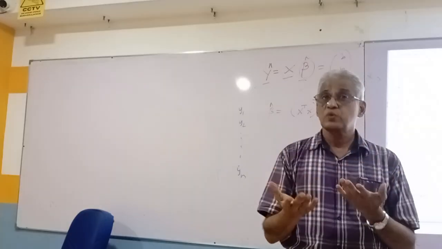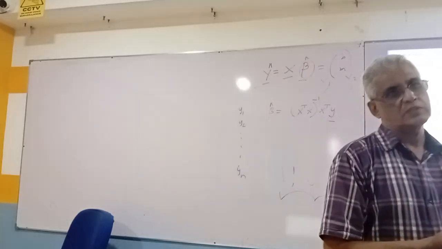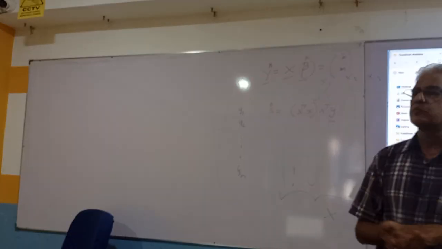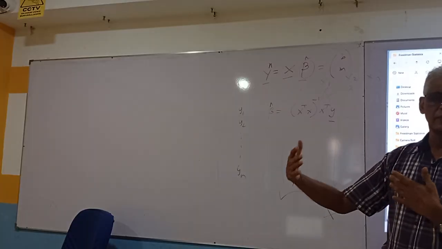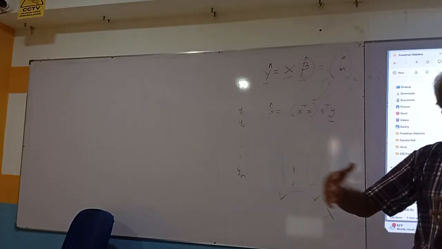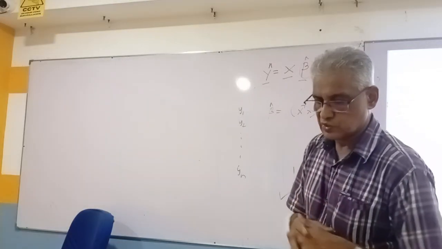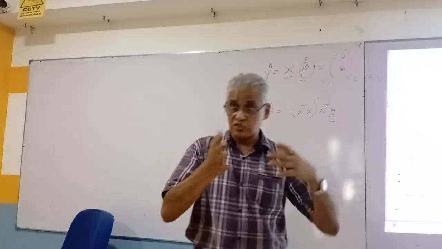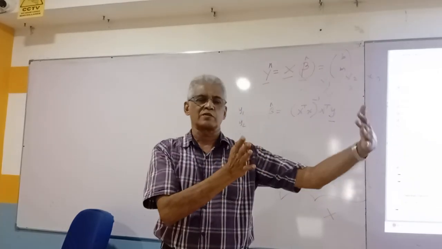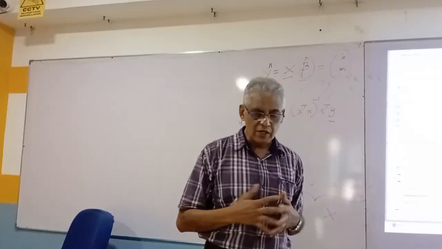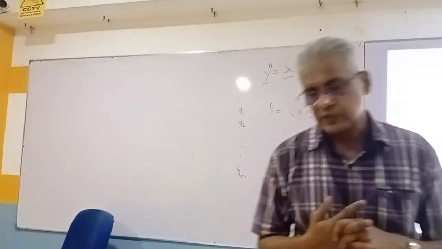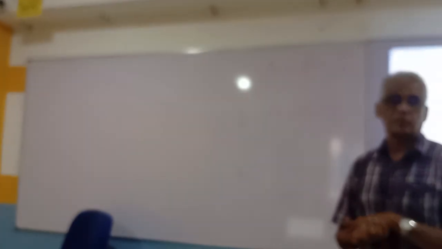But there are situations where that assumption is not suitable. There can be other types of data, for example Poisson data, binomial data, and so on. In that kind of situation, if you still want to find the relationship between y and the x's, we use something called generalized linear models.